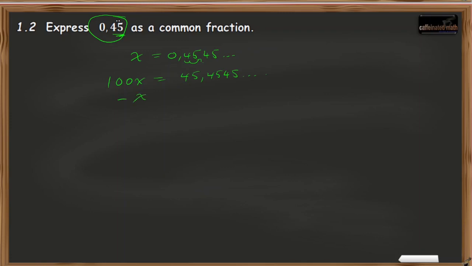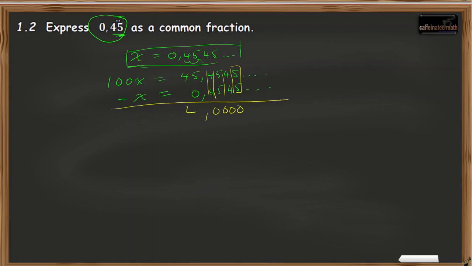Now, of course, we want to subtract our original x value, and that means we'll have 0.4545, and so on. Now, under our subtraction, what we can see is for every column we will end up having a 0 if we subtract the bottom half, and then 45 minus 0 just gives us 45. Well, what about the left hand side?